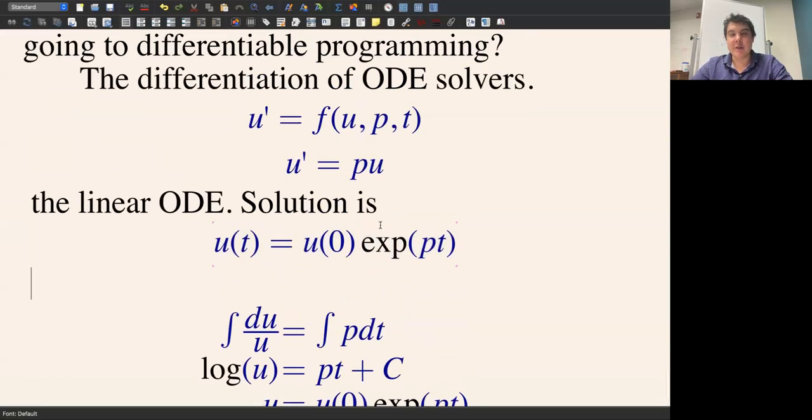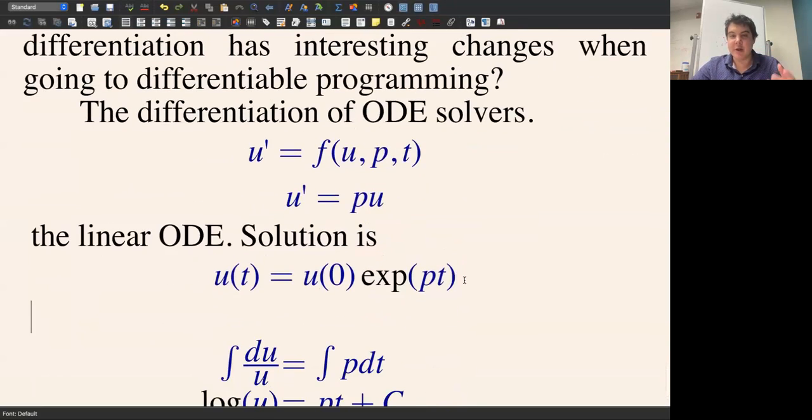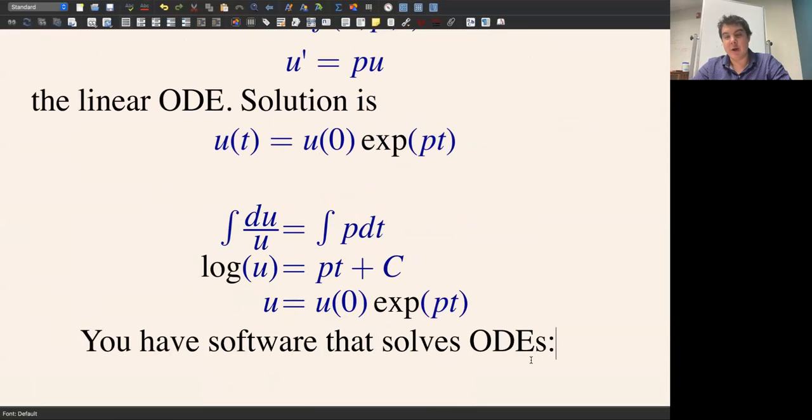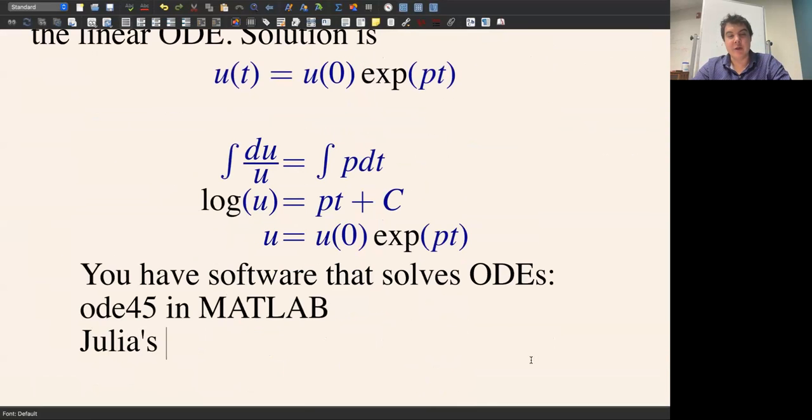The reason why I write this down is because if you think about it, you have software that solves ODEs: ODE45 in MATLAB, and you have Julia, SciPy, etc. So you have all this software that does it, and they're effectively functions.